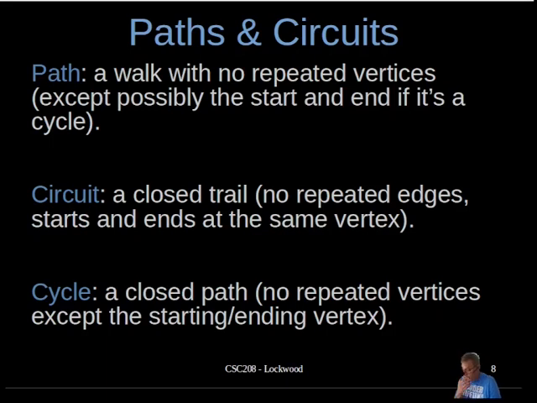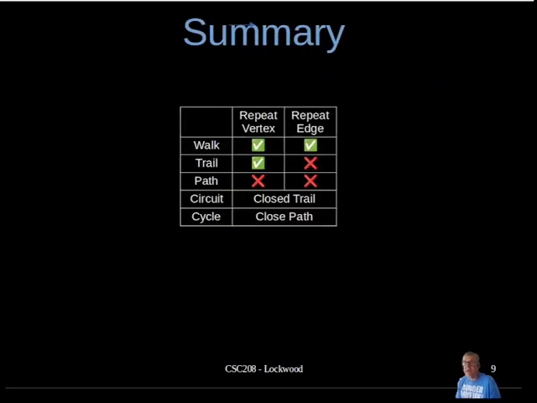Now that was a lot of terms, but I think it's much easier to think about a summary here. So walks are the loosest constraint, right? We can have repeated vertices and repeated edges in a walk. A trail is a walk, but it cannot have any repeated edges. A path is a further refinement.